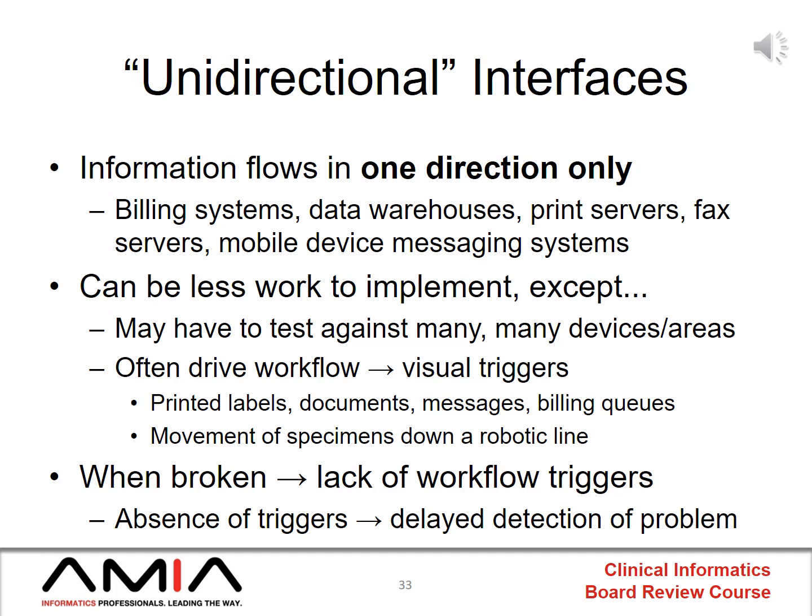You may have to test against many different devices in many different locations, so they actually can be a lot of work to implement. But they're still extremely important, obviously, because they can drive workflow.